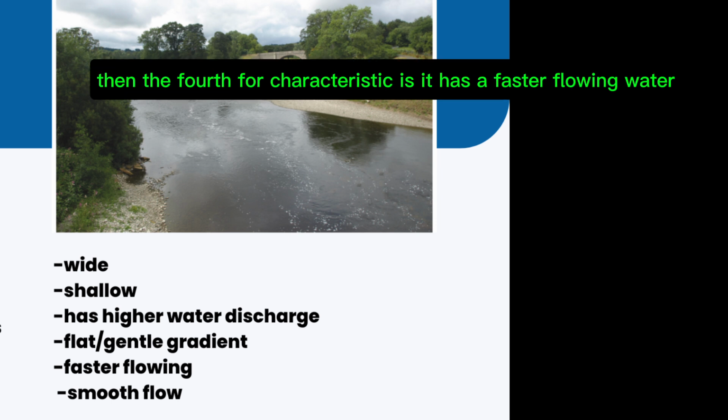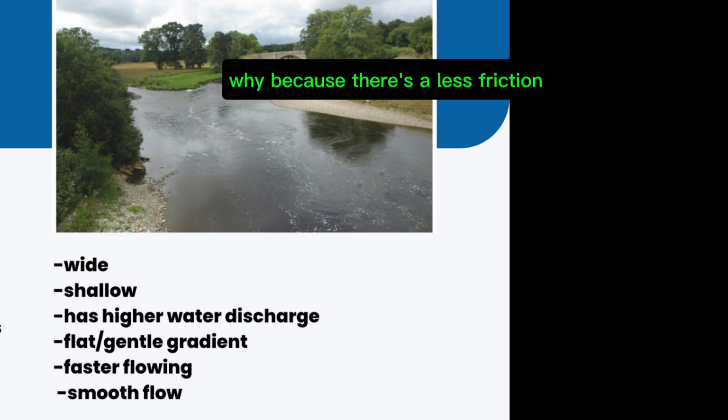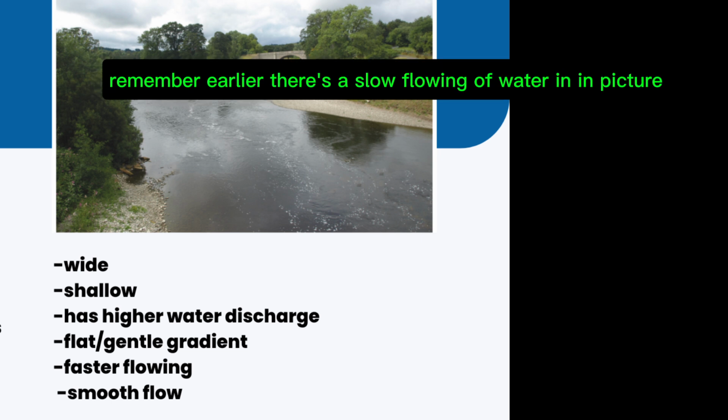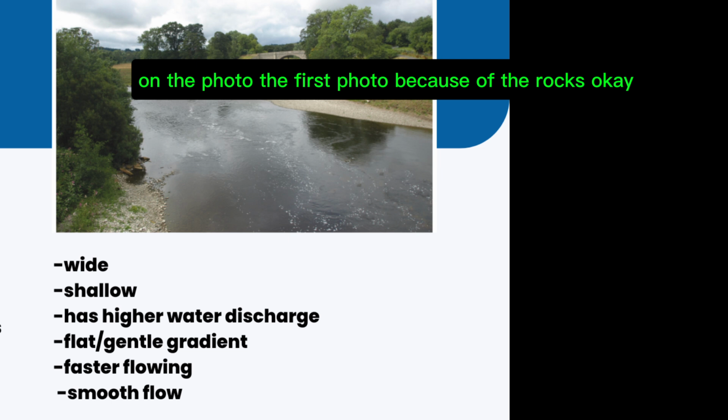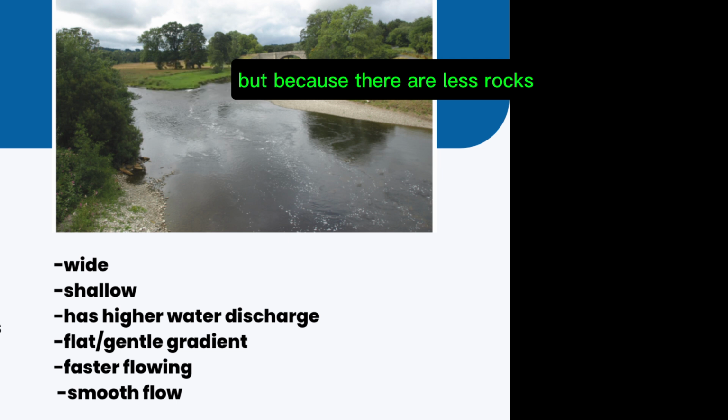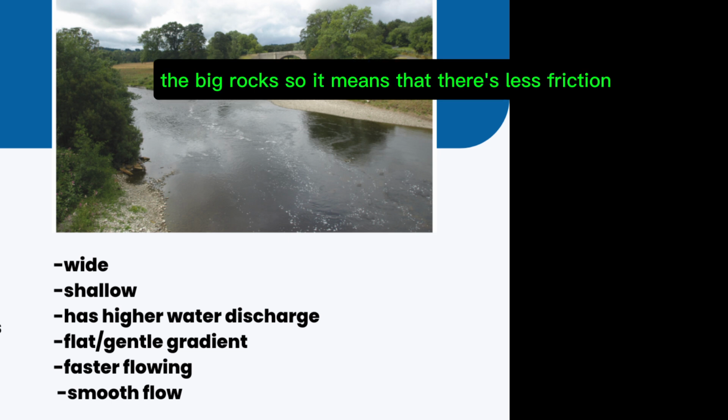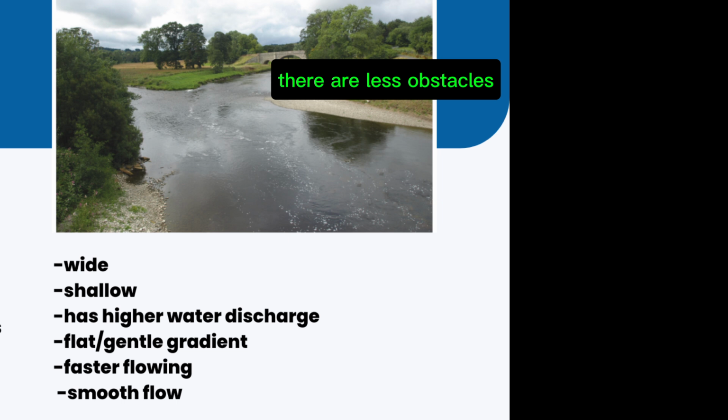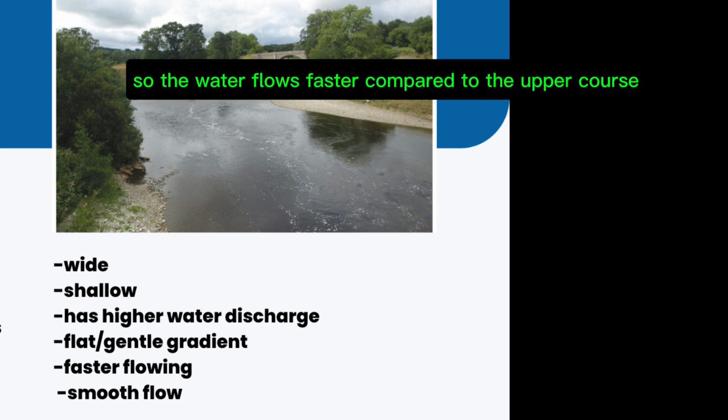Then the fourth characteristic is it has faster flowing water. Why? Because there's less friction. Remember earlier, there was slow flowing water in the first photo because of the rocks, but because there are fewer big rocks here, there's less friction and fewer obstacles, so the water flows faster compared to the upper course.